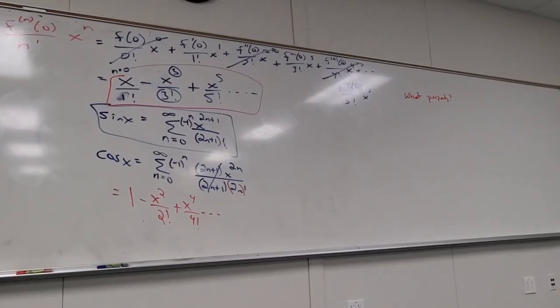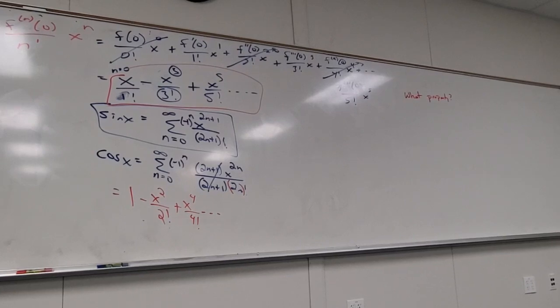All right. Let's see if you guys can do this. I want you to try to do everything we just did for 1 over 1 minus x and for sine x. I want you to do it for e to the x. So you're going to have e to the x.